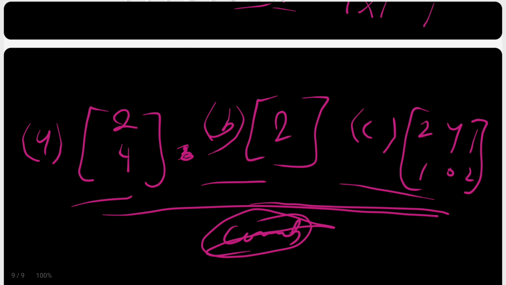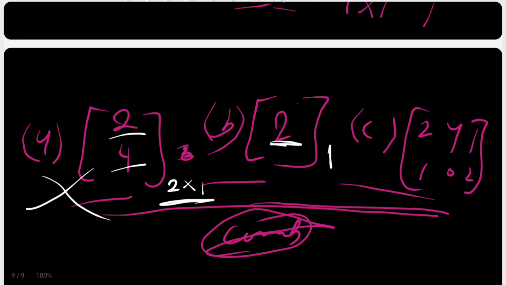You can comment, otherwise I will explain. In this one there are 2 rows and 1 column. Is it equal? No. This is not a square matrix. In this one there is 1 row and 1 column only. It has 1 and 1. This is our square matrix.